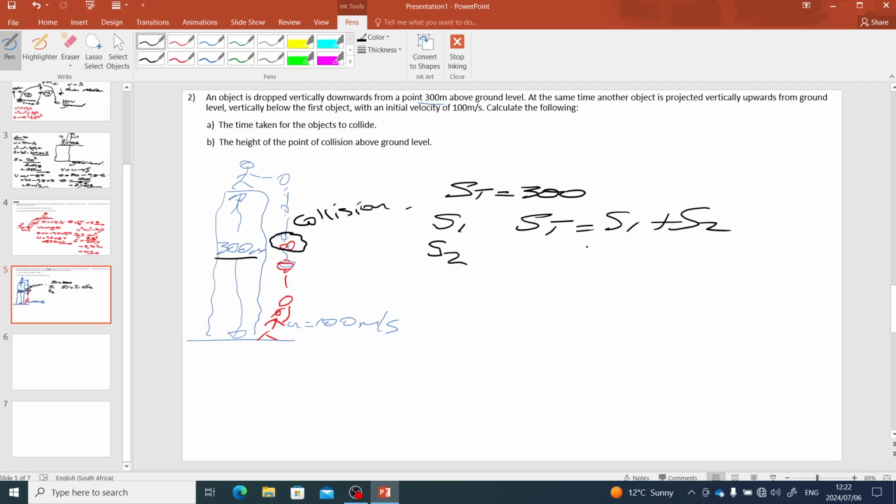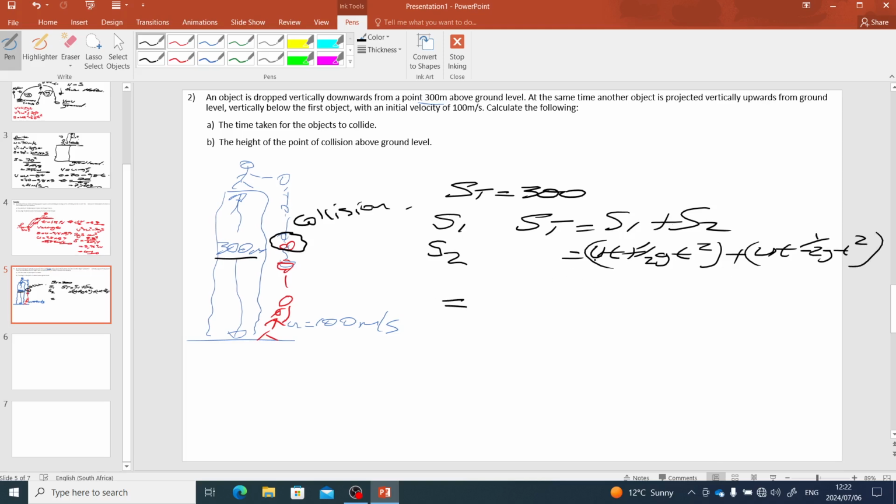The first one, going down, is UT plus 1 over 2 GT squared, because gravity helps it. The second one would be UT minus 1 over 2 GT squared, because it is against gravity.